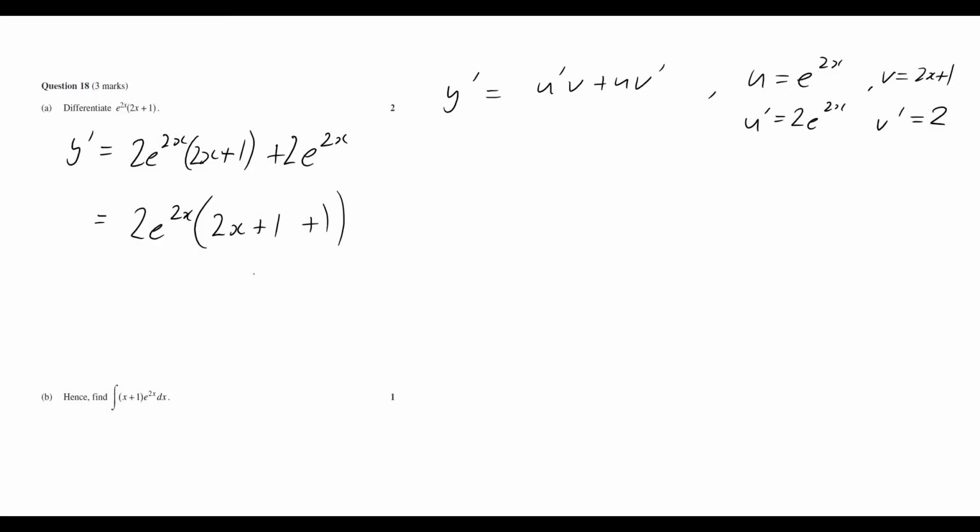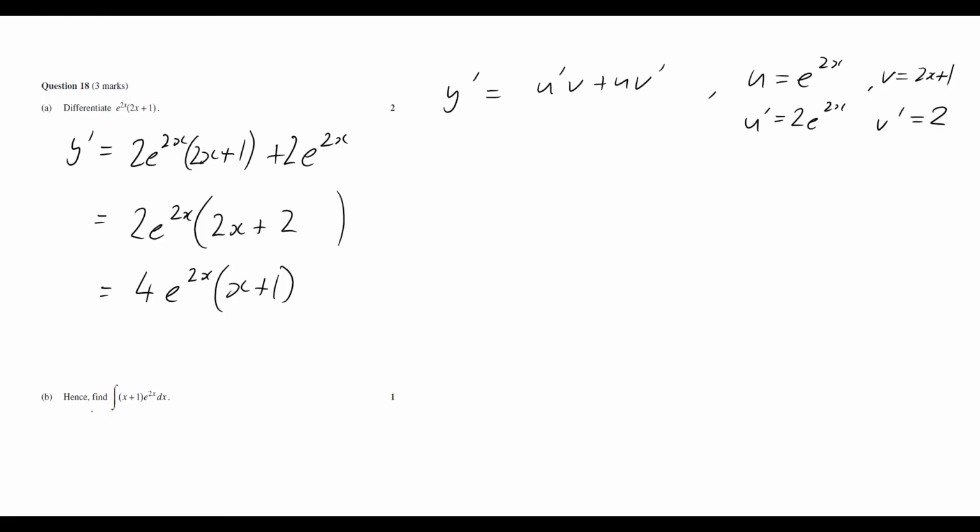So now simplifying that, plus 1, we can rewrite that as simply plus 2. And now we see that we've got a common factor of 2 on the inside of the bracket here. So that must now be equal to 4e to the 2x times by x plus 1. And that is it in its simplest form. So that's question 18, part A.